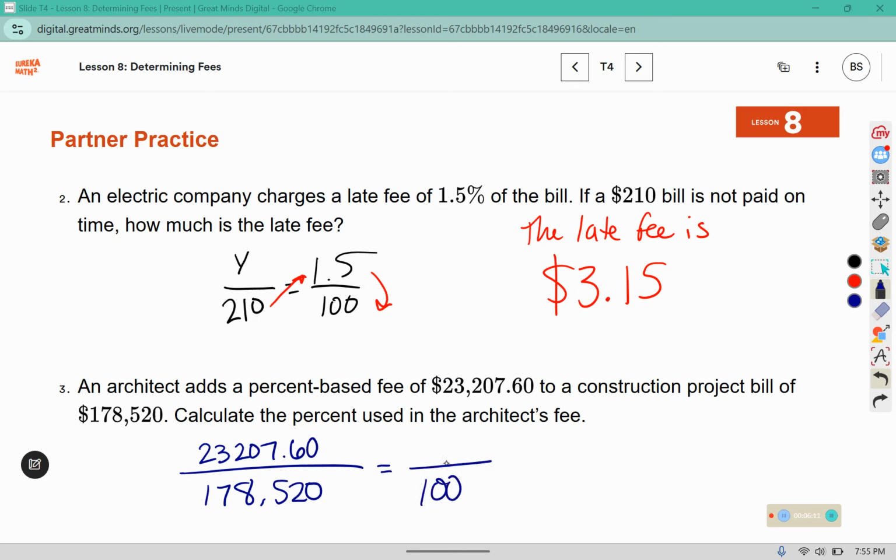To figure out the percent, we can cross multiply and then divide. $23,207.60 times 100 divided by 178,520 is a 13% fee.